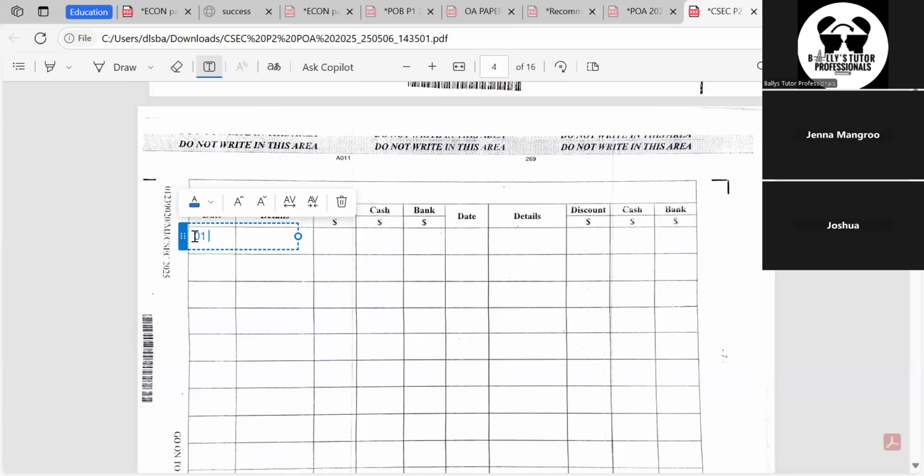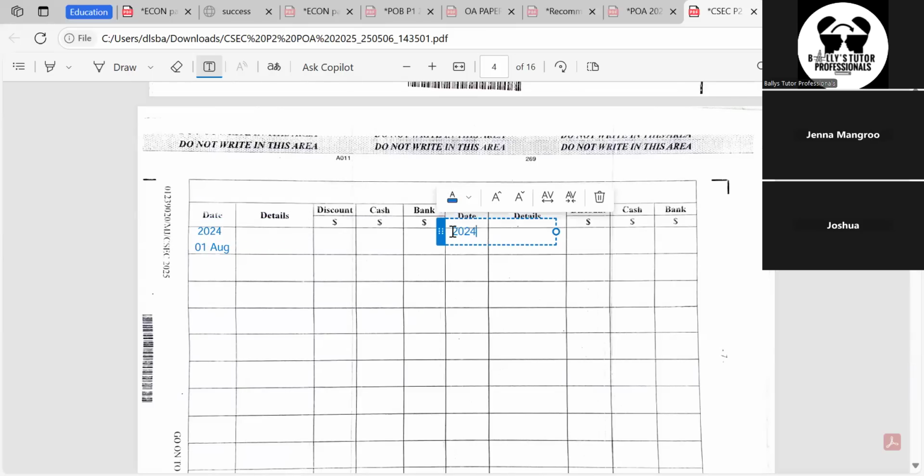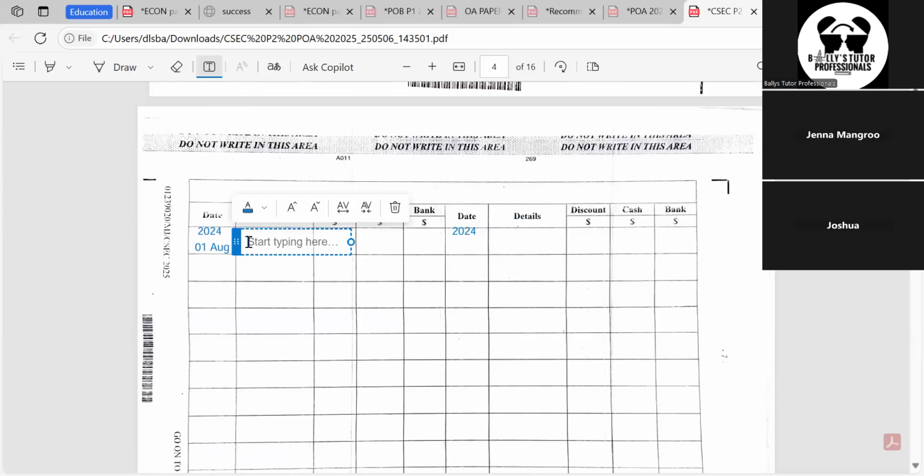Yes, sir. So they put the 1st of August. And what I'll do, I'll write 2024 on top here, so I won't have to keep writing the year. Same thing. So the 1st of August, balance brought down, 100 for cash.